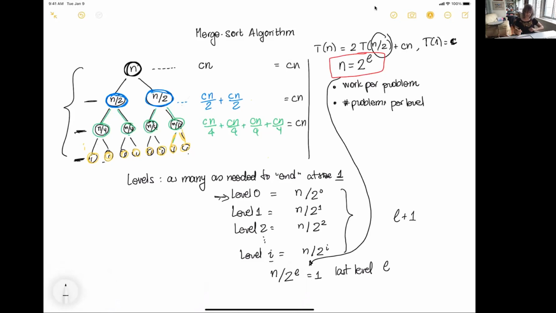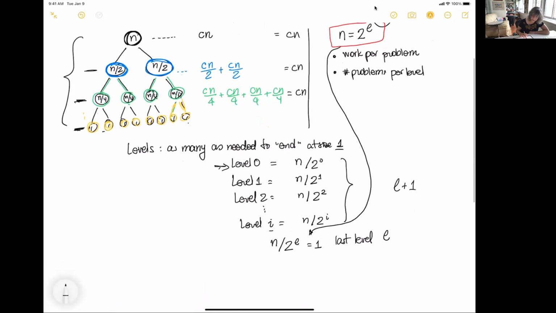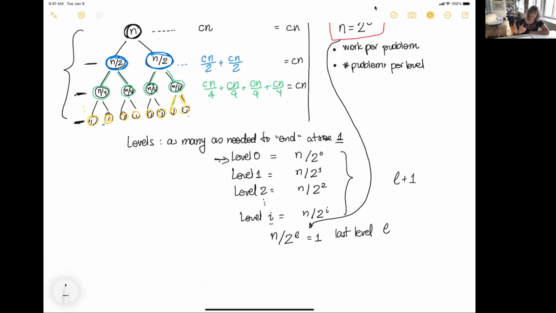All of that is going to help us calculate the total amount of work required, or the running time, or the cost. These three words are used for the analysis of the algorithm.